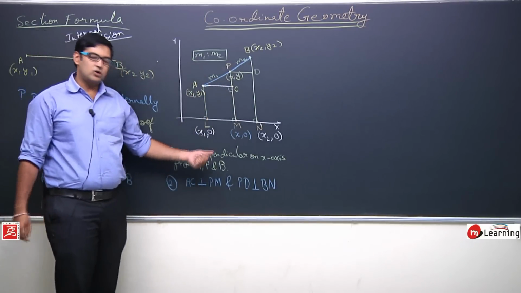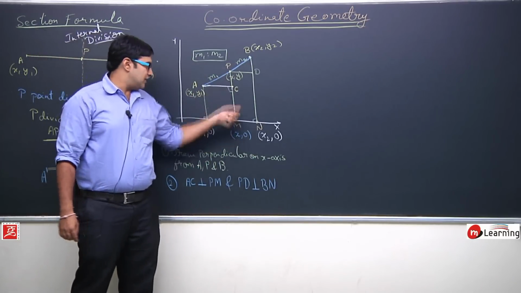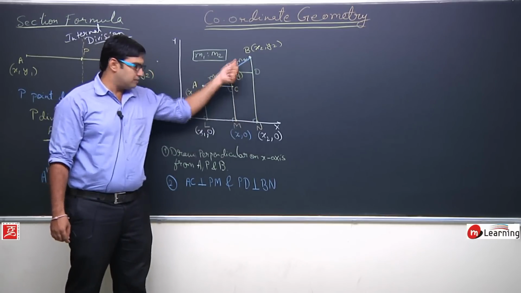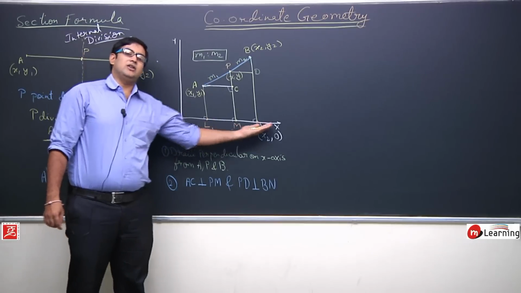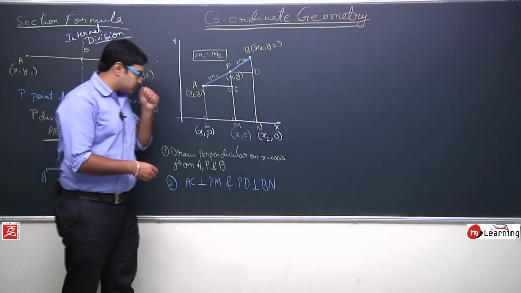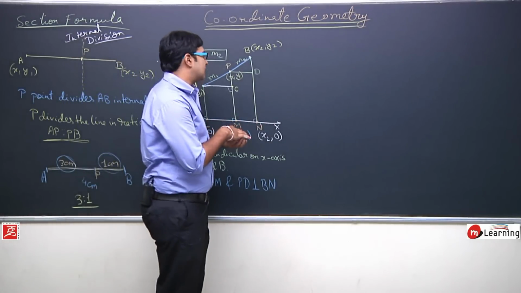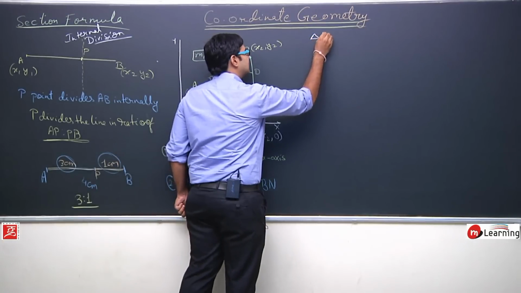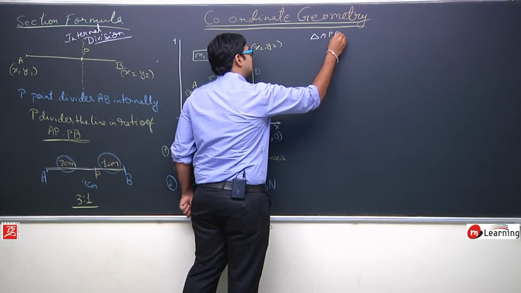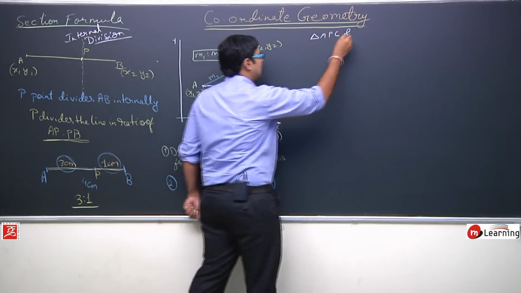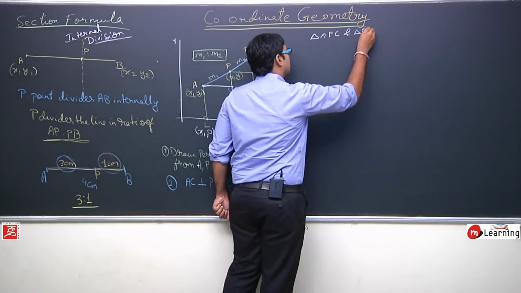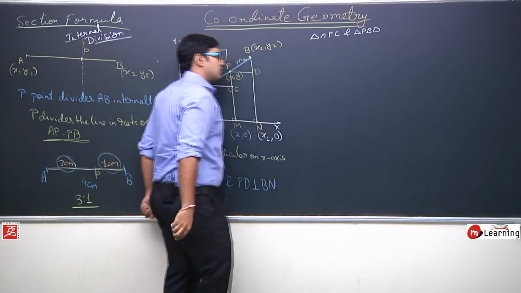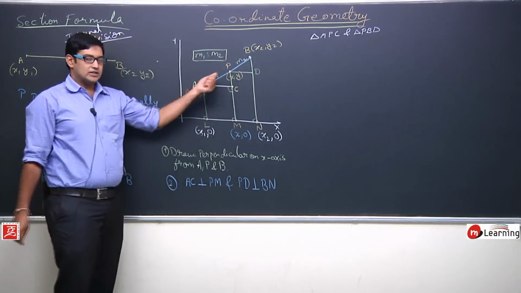We have simply drawn 2 perpendiculars on PM and BN, and 3 perpendiculars on the x axis. Now consider 2 triangles in this figure. The 2 triangles that we are going to consider are APC and PBD.